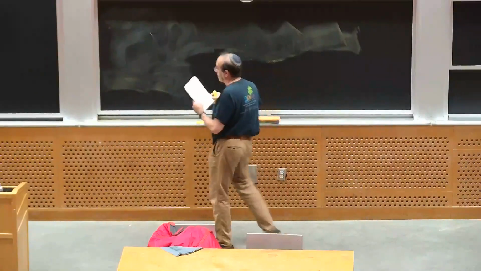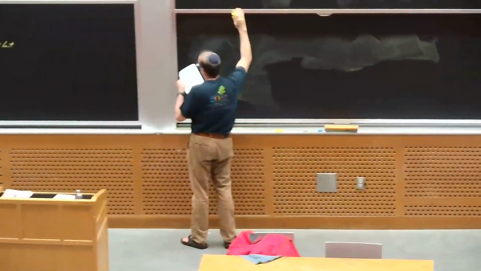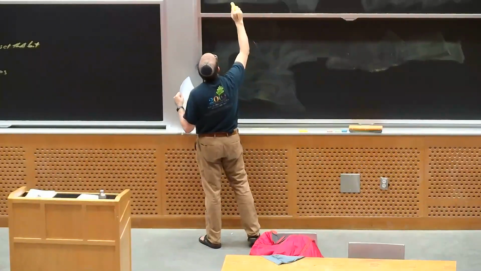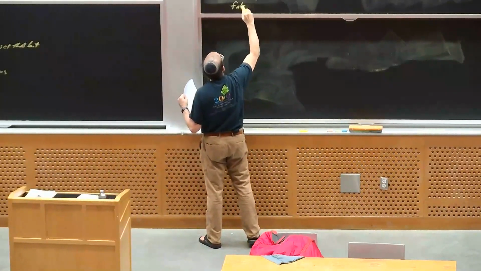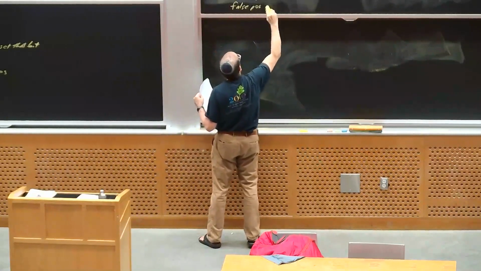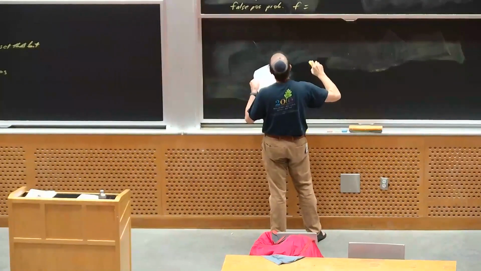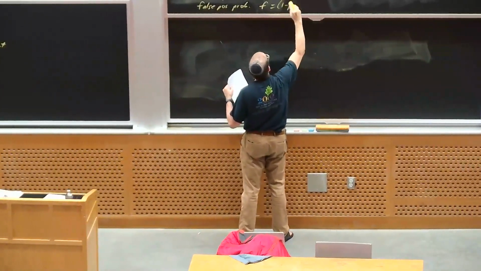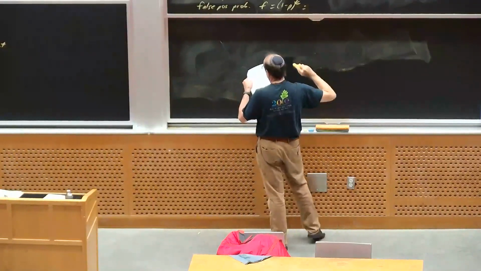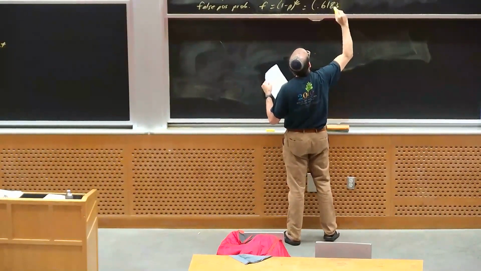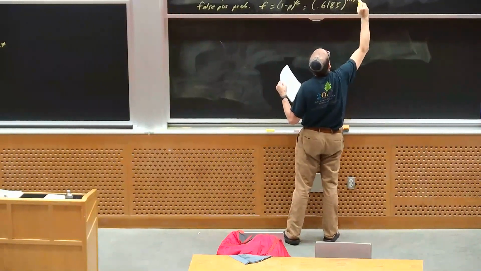Okay. So if you put p equal to a half like this, then the false positive probability f is equal to (1 minus p) to the k, which turns out to be about 0.6185 raised to the m over n power.